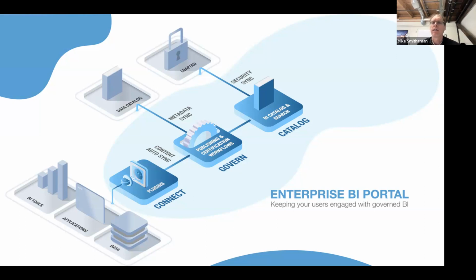It is one place where users can easily discover content in the organization, wherever it might have been created. A big part of that is the concept of search, which we're going to talk about today in relation to AI and LLM integrations. So, one place to come and find things.